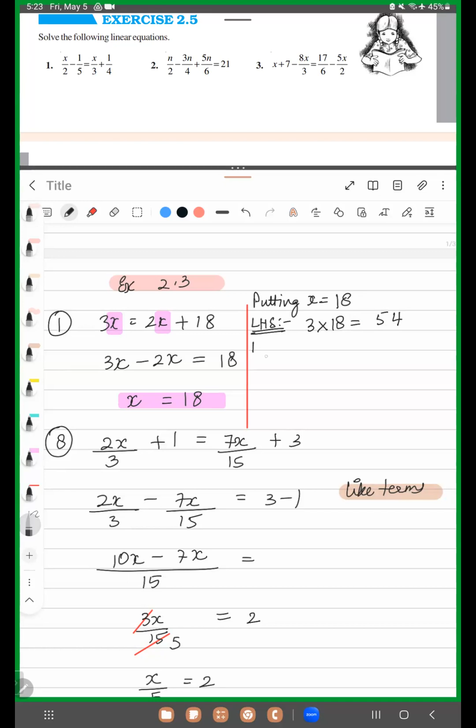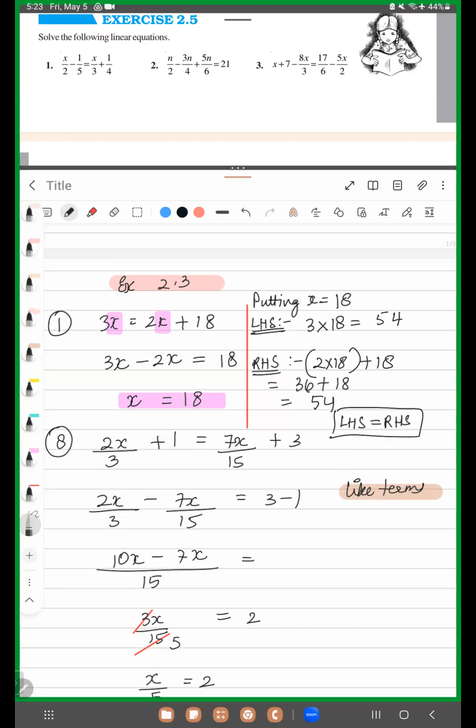RHS becomes 2 multiplied by 18 plus 18. 2 into 18 is 36, plus 18, which is again 54. So LHS is equal to RHS. Therefore, our solution is correct. Okay? You don't have to write all of that. You can just write this.